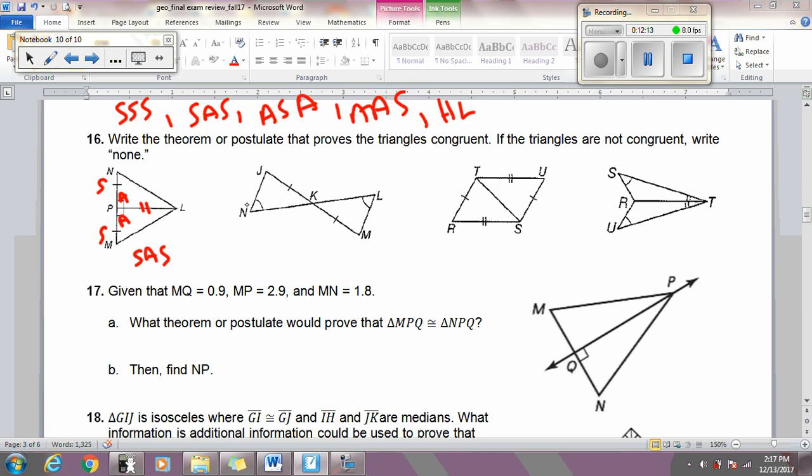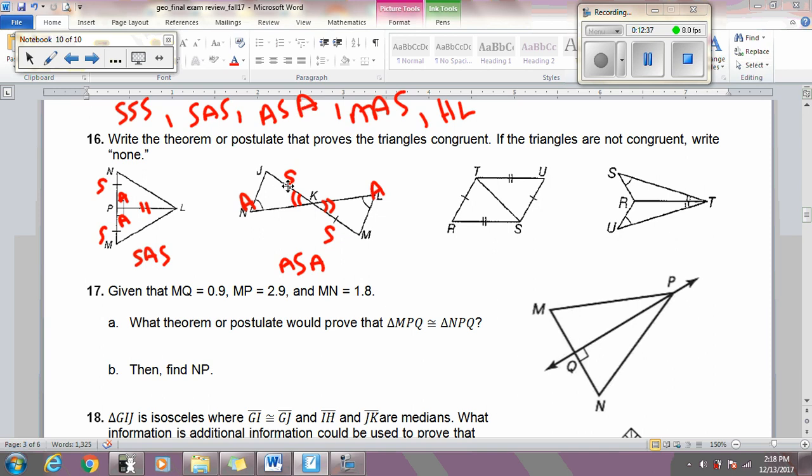For the second picture, N is congruent with L. JK is congruent with MK. And then don't forget about our good old vertical angles. So there's a pair of angles there. So we have angle, angle, side. The side would have to be between the 2 angles to be angle, side, angle.